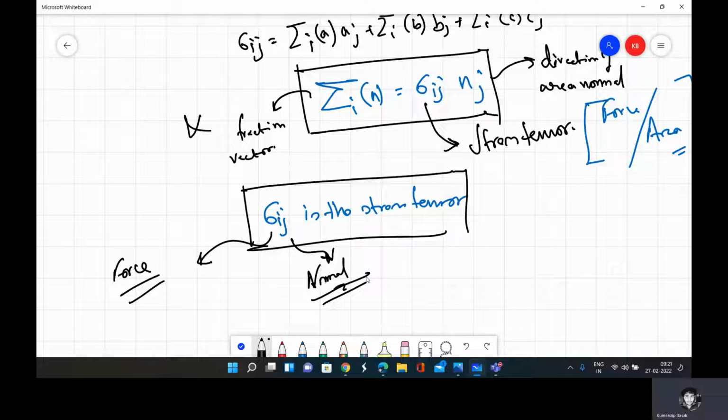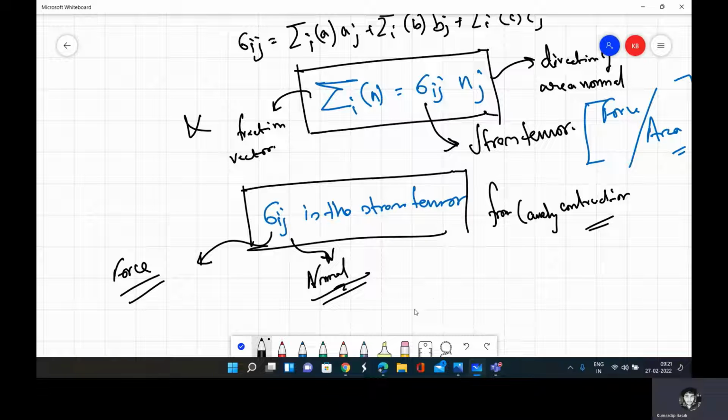What I provide as the area normal is n_j. It multiplies with j, which is a repeated index, so in index notation it is summed over, and we get the value for the ith component of the force. So we get this from that simple tetrahedron element or Cauchy construction.